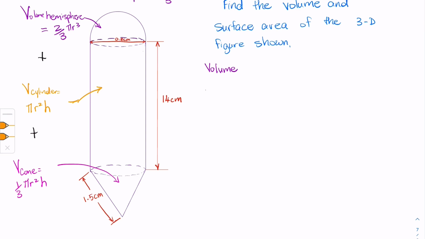Now, there is a tricky piece to this. So for our cone, we actually don't have the height. We do have this value, which is our slant length, which we will need later, but we need our height in order to find the volume of the cone. That doesn't mean that we're stuck. What that does mean is that we can visualize a triangle.